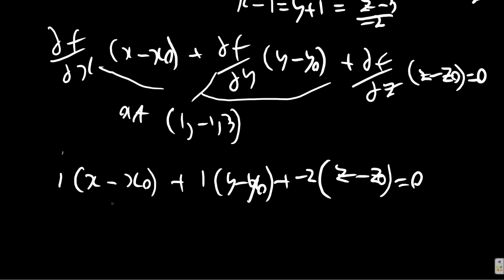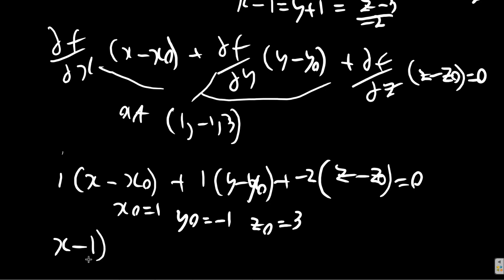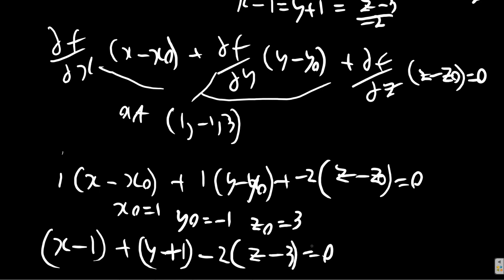Now remember, x0 is equal to 1, y0 is equal to negative 1, z0 is equal to 3. So we substitute them and we have x minus 1 plus y minus negative 1, which is y plus 1, minus 2 times z minus 3 equals 0.